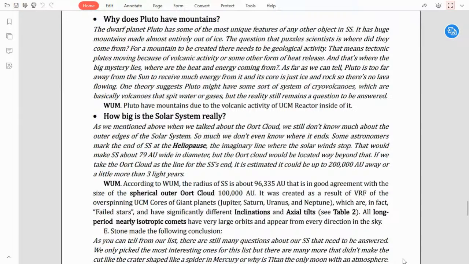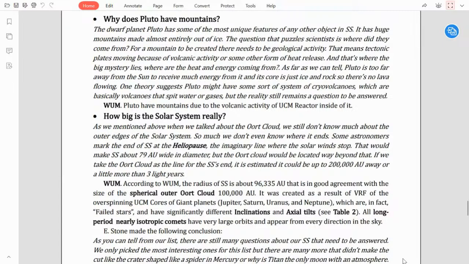One theory suggests Pluto might have some sort of system of cryovolcanoes, which are basically volcanoes that spit water or gases. But there really still remains a question to be answered. In the model, Pluto has mountains due to the volcanic activity of a UCM reactor inside of it.